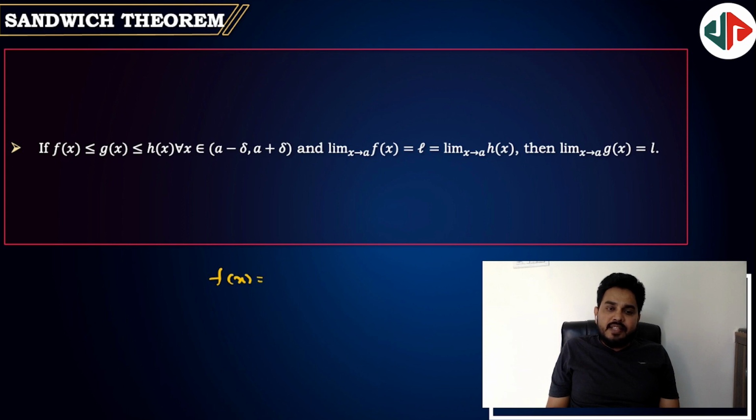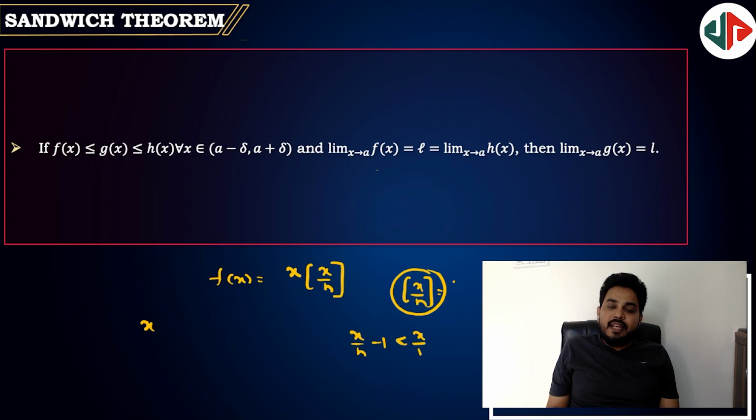And one major example here, what I want to give is f of x is equal to x times step of x by n, okay, this is the integral function. So here what happened? x by n minus 1 is less than step of x by n, which is less than x by n.